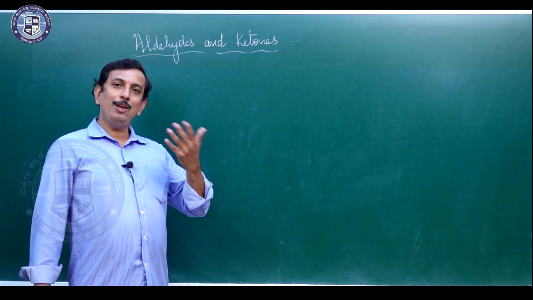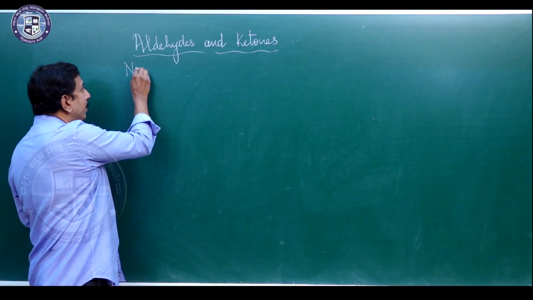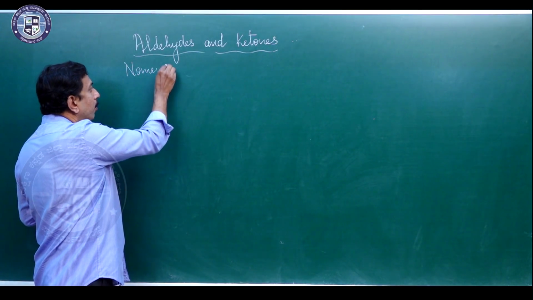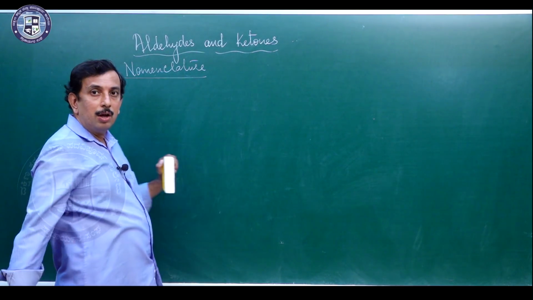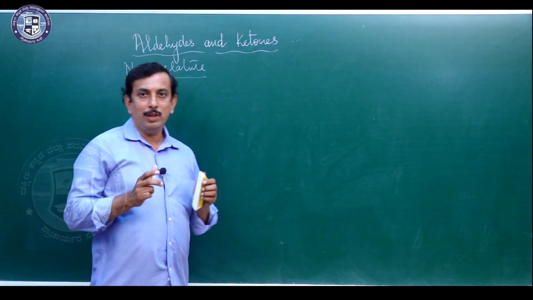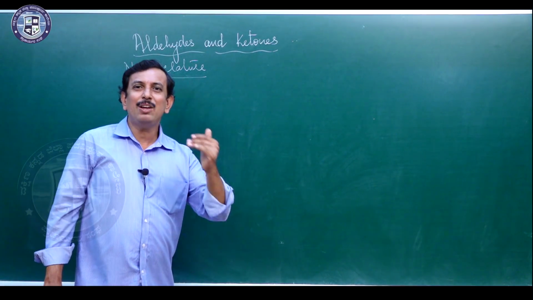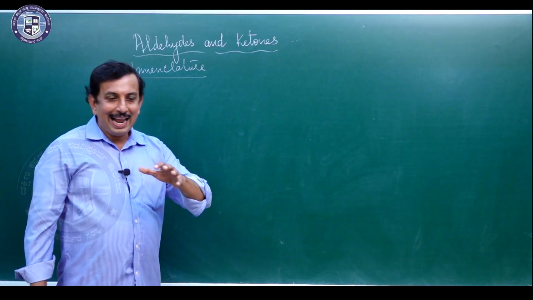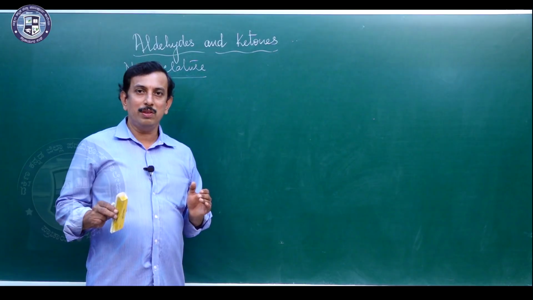If I go by IUPAC nomenclature, here and there I will also give the common name of these compounds. We know that in the IUPAC system of nomenclature, different organic compounds are named according to a set of rules. At this stage, it is beyond the scope of this particular unit to discuss all those rules.